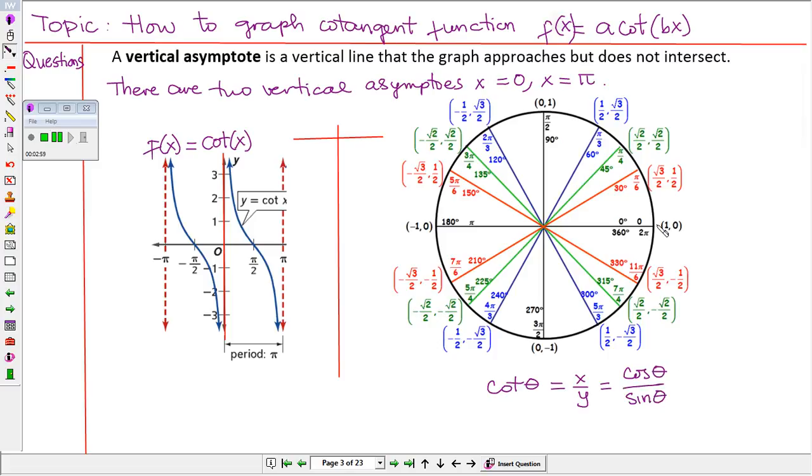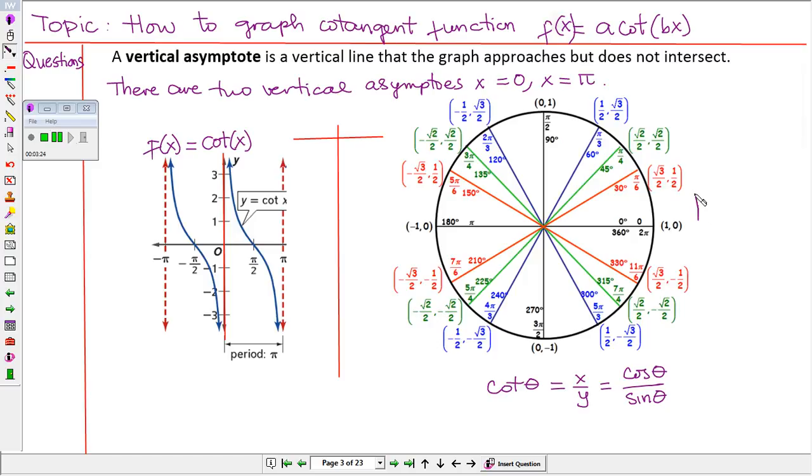If you look at the points where the terminal side intersects the circle, each point gives you two values, x and y. X is cosine of that angle, so cosine of 45 degrees is square root of 2 over 2, and sine of 45 degrees is also square root of 2 over 2.